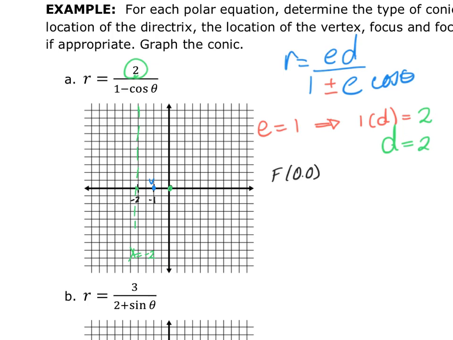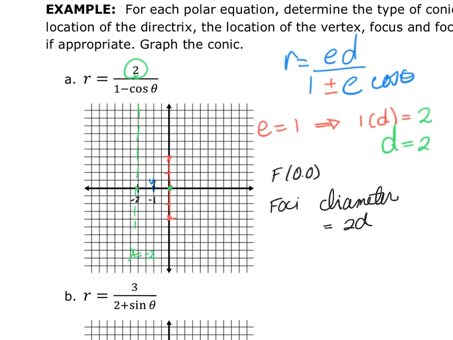So my focal diameter is equal to 2 times d. That tells me right here at the focus, I'm going to go out 2 in each direction. Remember, 2 squares were equal to 1. That's how far out I'm going to go for my parabola.